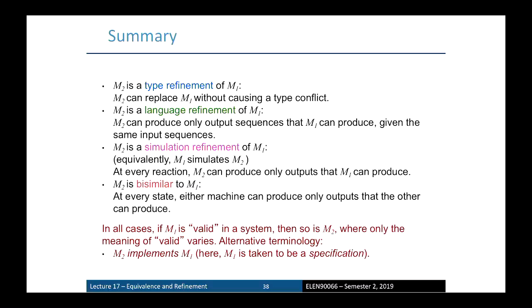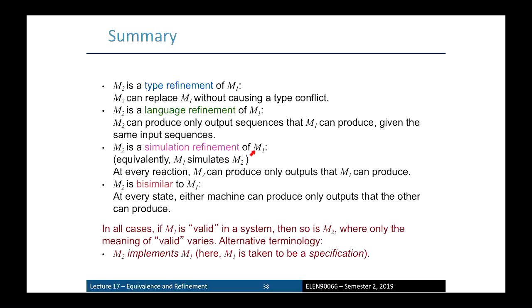Type refinement was pretty simple: you can replace one machine without causing type conflicts on the input-output ports. Language refinement means M2 can only produce output sequences that M1 can produce, given the same input sequences. Remember the little diagram showing one language embedded in another.